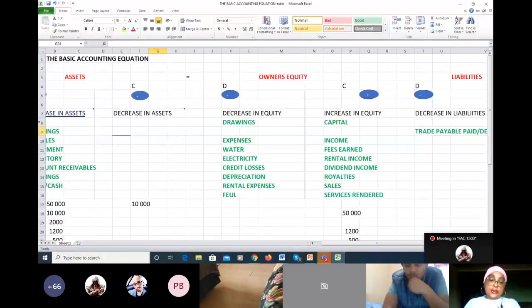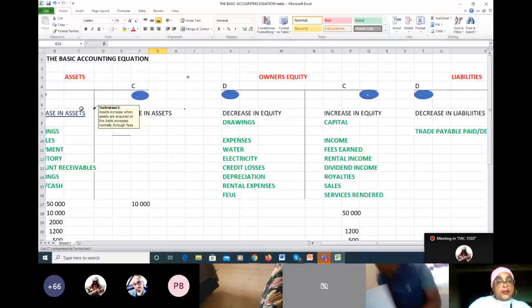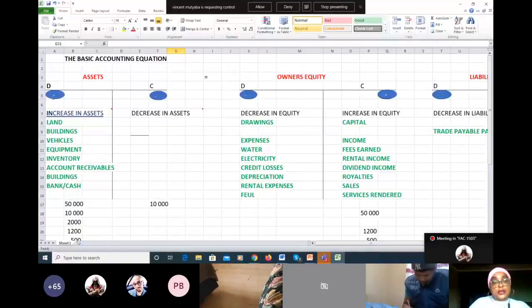So just to recap again, let's just recap the whole basic accounting equation. I said that assets increase on the debit side and decrease on the credit side. Today we talk about assets.